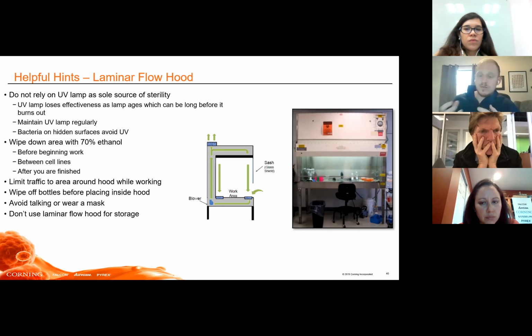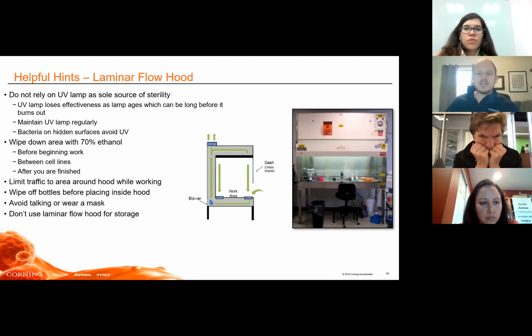Limit traffic to the area around the hood while you're working. Wipe off your bottles with IPA before placing them inside the hood. Avoid talking while you're working, or wear a mask, because aerosols can be introduced into the hood. And don't use a laminar flow hood for long-term storage of things.